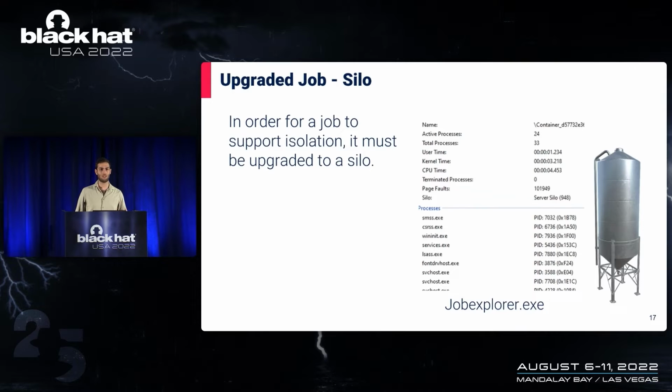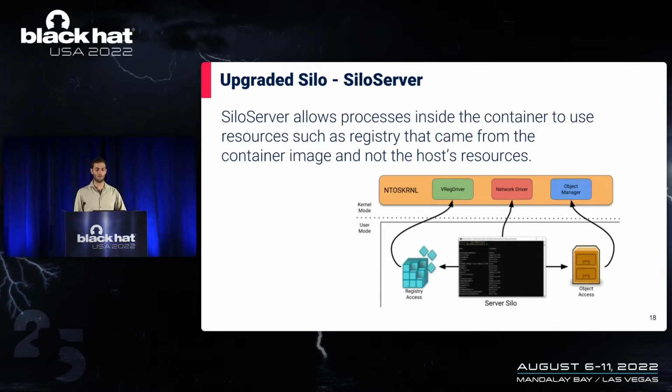So any server silo is also a silo. After we convert our silo to a server silo, which supports redirection of resources, we can redirect resources, for example, registry, network stack, and object manager, to use the resources from the container image and not from the host.